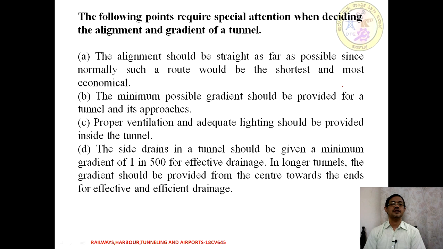The minimum possible gradient should be provided for the tunnel and also its approaches. Proper ventilation and adequate lighting have to be provided inside the tunnel for proper operations at night and also for good visibility.